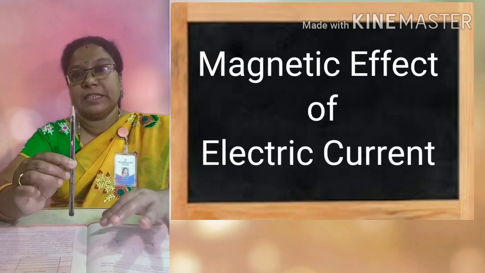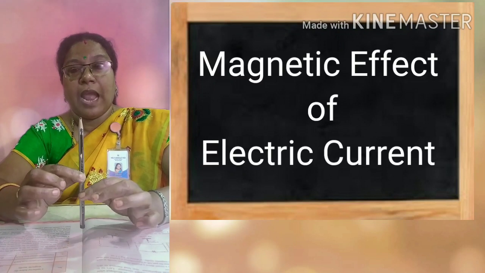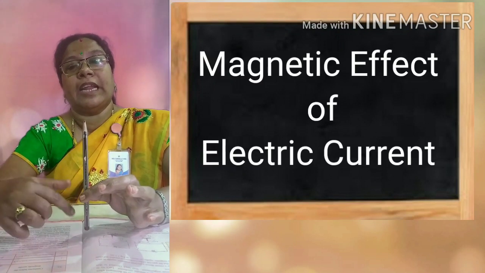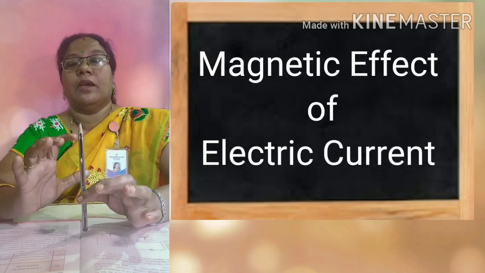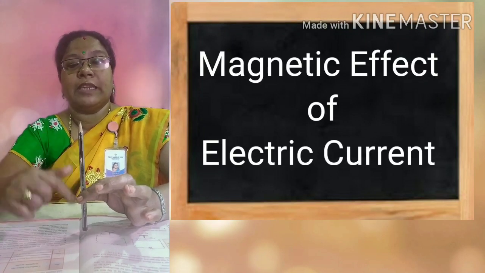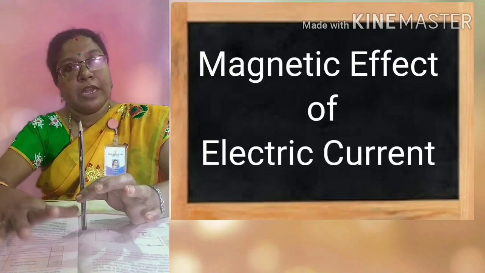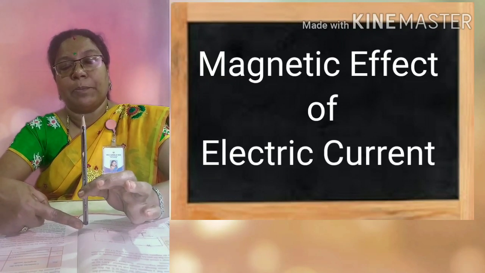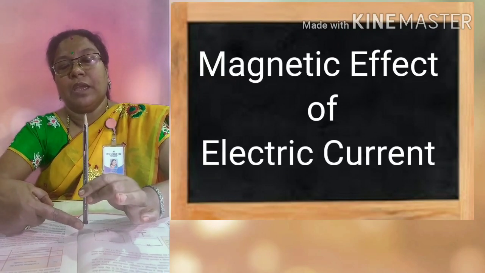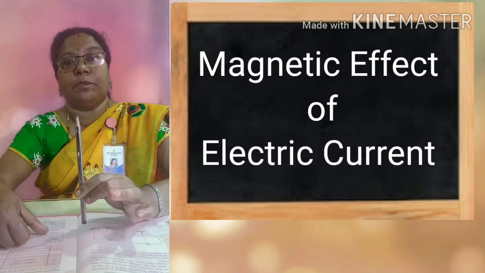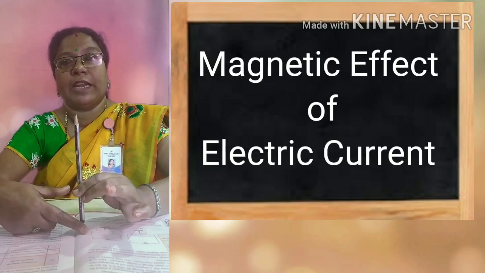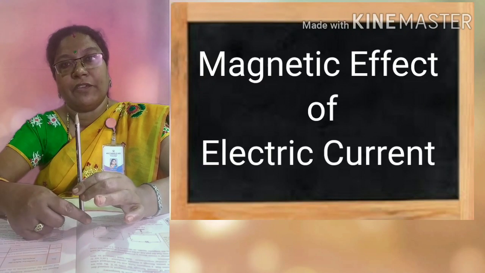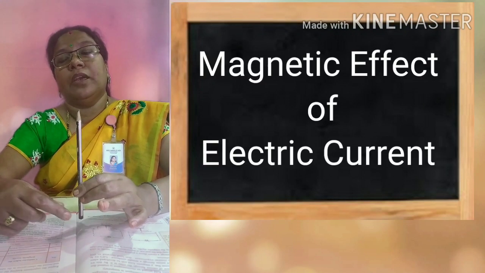Suppose, consider this is a straight conductor, and the two ends are connected to a source of current, or the two ends are connected to a battery. Now consider, first one, the current is passing from the bottom to the top. So how will you find the direction of magnetic field? The direction of magnetic field is found out using thumb rule.